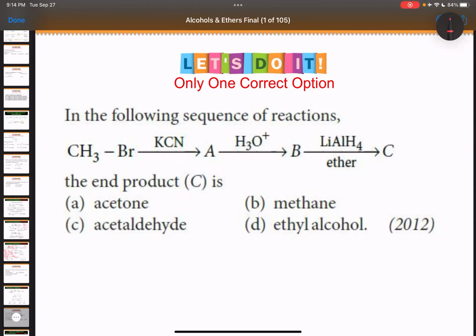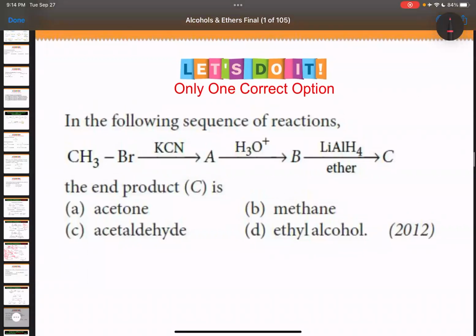Ethyl alcohol. So first of all, the CN is going to come in and it will displace the Br. This is CH3, C, and when you do the complete hydrolysis, it breaks and forms COOH.